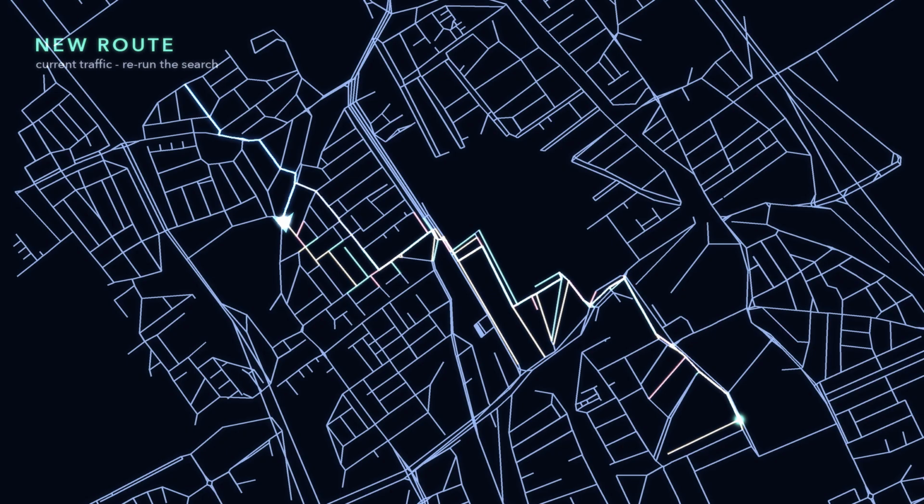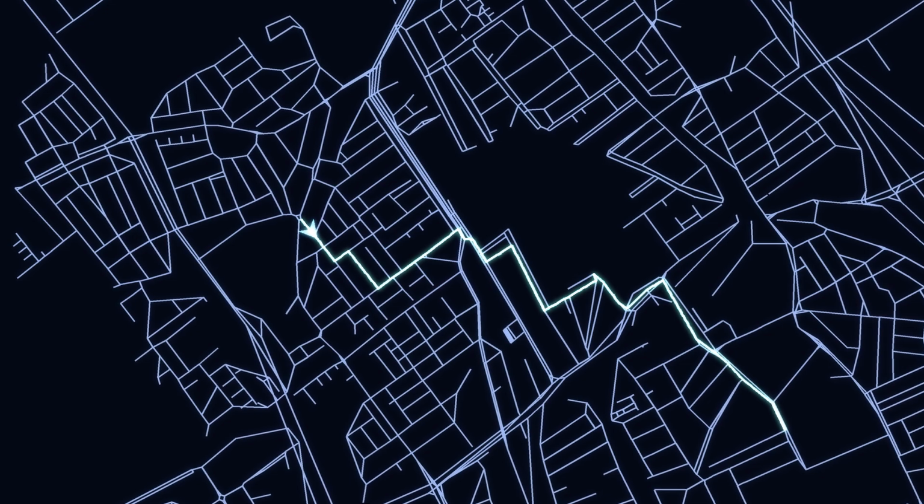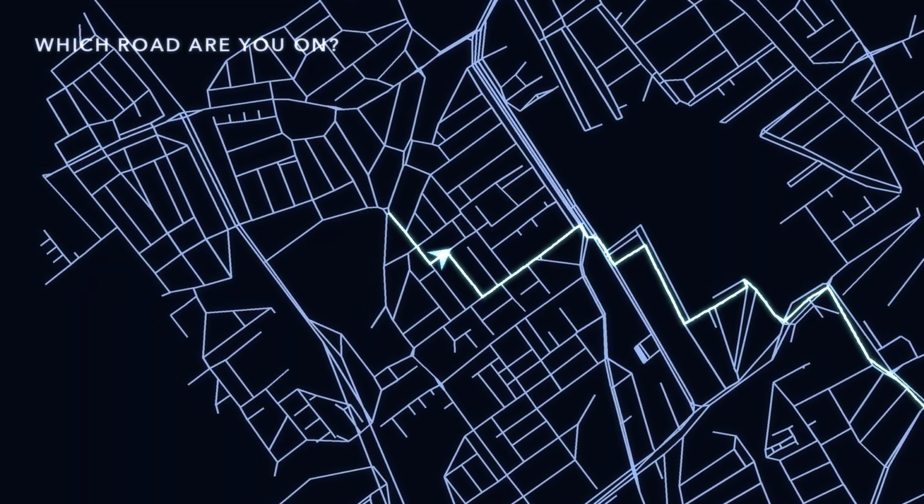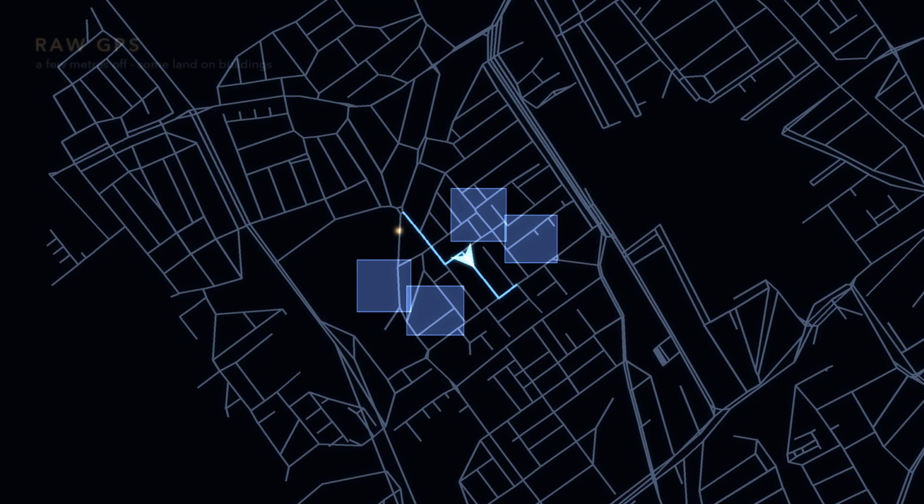But that raises a question we skipped. How does the app even know which road you're on? Your phone's location isn't perfect. Satellites give it a position, but it wobbles a few meters here, a few meters there. Between tall buildings, it can jump around. So the app doesn't trust a single raw dot.